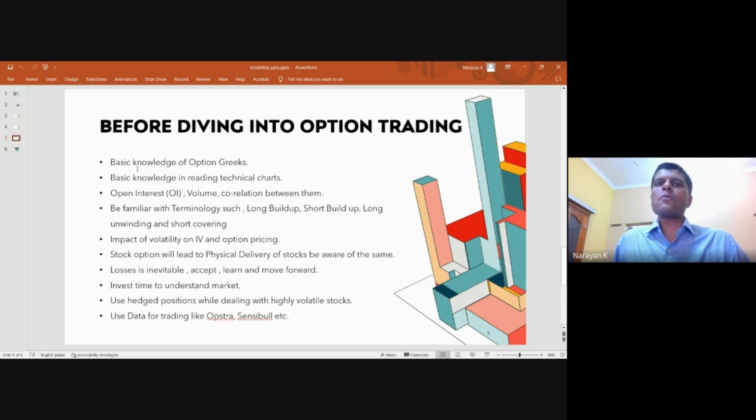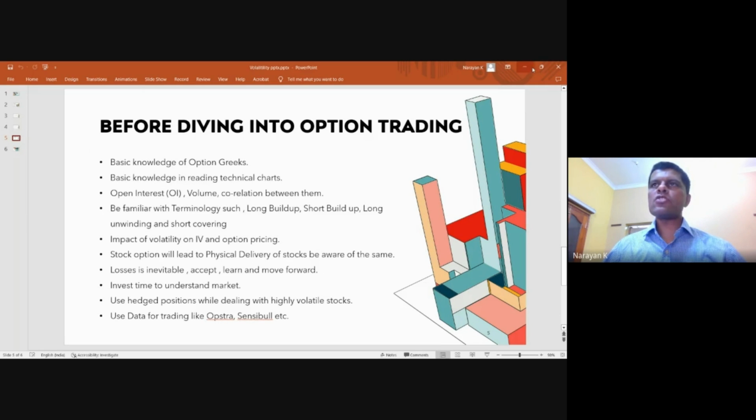Please square off the positions and never wait till the expiry day. Losses are inevitable. You should know how to accept, learn and move forward. Invest time to understand markets. I suggest using hedged positions when dealing with highly volatile stocks. Use data for trading and use web pages such as Opstra and Sensibull, which give you this option data.